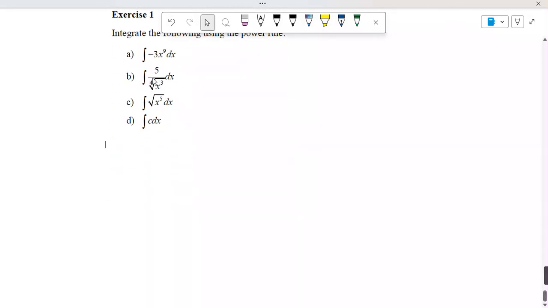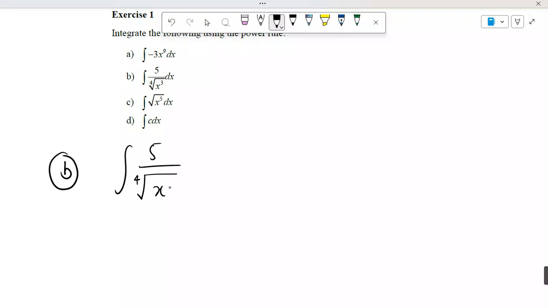So I was doing this in preparation for this one. Part b, since we have revised, we integrate 5 over the fourth root of x to the power 3, dx. Okay, so let's rewrite this as a fraction.